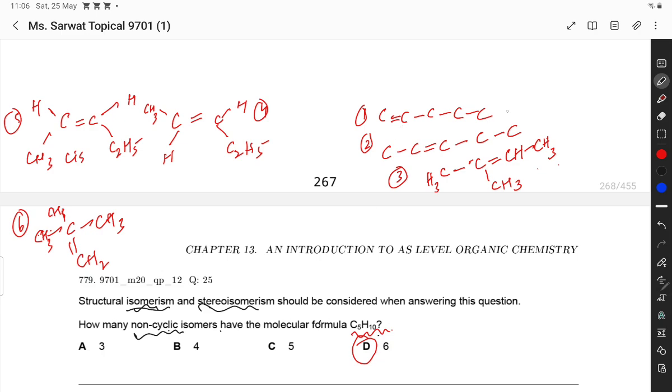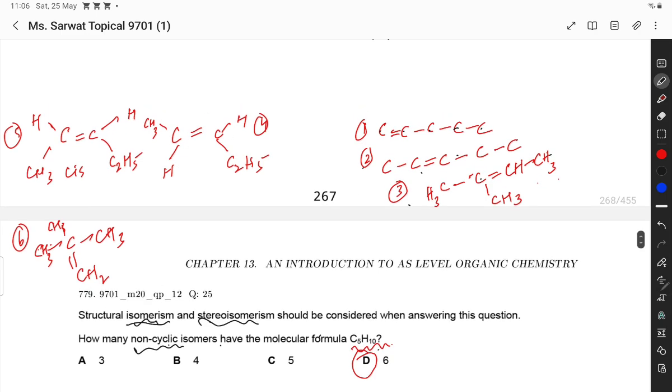One is pent-1-ene, 1, 2, 3, 4, 5, and the second is pent-2-ene. Then 2-methylbut-2-ene, so this is the third isomer. This is the fourth isomer, that is trans pent-2-ene, and this is the cis isomer.